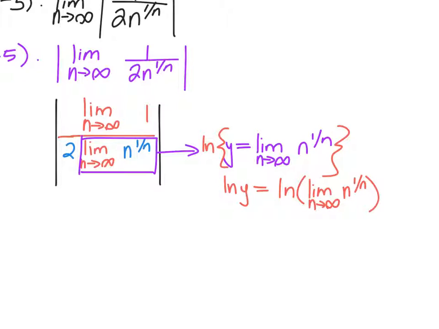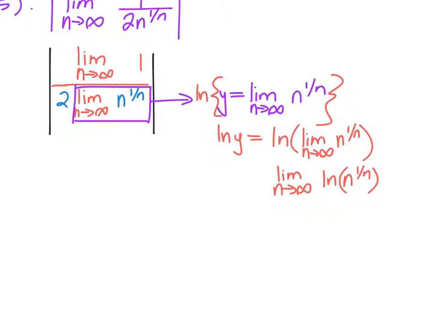Functions transcend limits, so the natural log can go inside, and I'd be looking at the limit as n approached infinity of the natural log of n to the 1 over n. And so the big question might be, well, why the natural log? That's because of natural log properties. The power rule for natural logs tells us that the exponent becomes a coefficient. So I can take that exponent of 1 over n, swing it around and make it the coefficient.